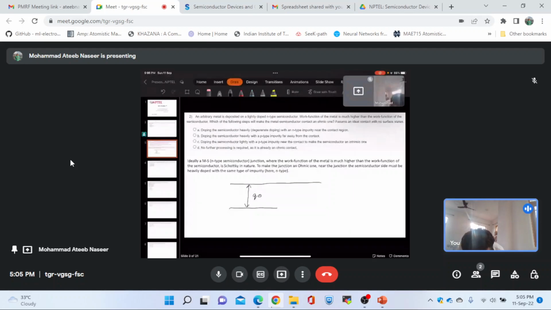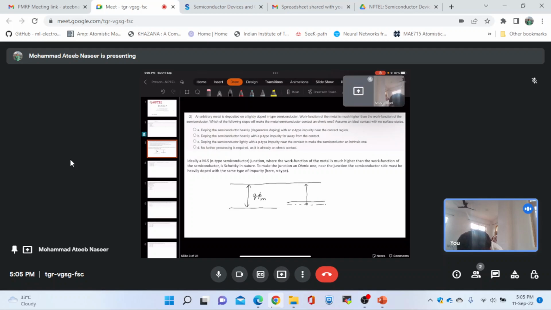This metal work function is much greater than the semiconductor work function, and we have been told it is lightly doped, so the Fermi level will be close to the intrinsic level.